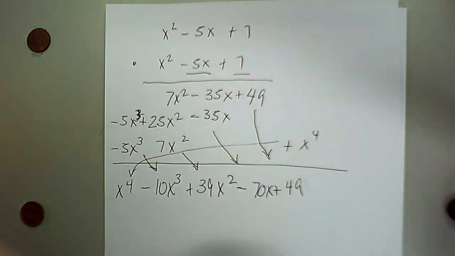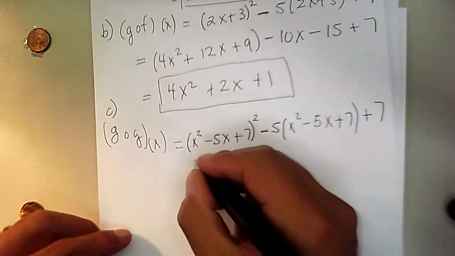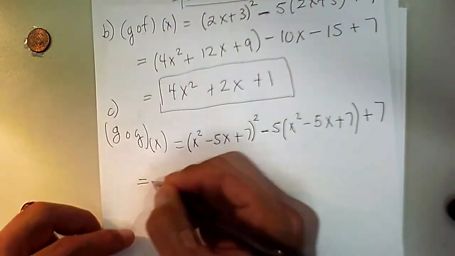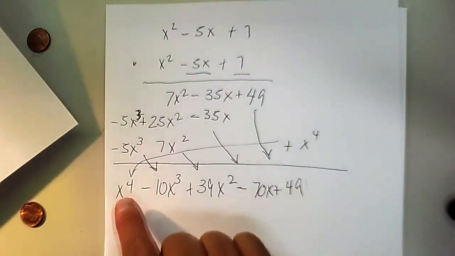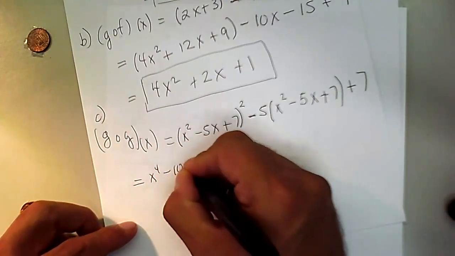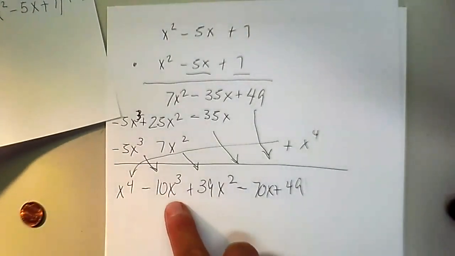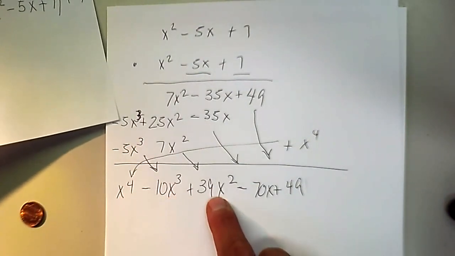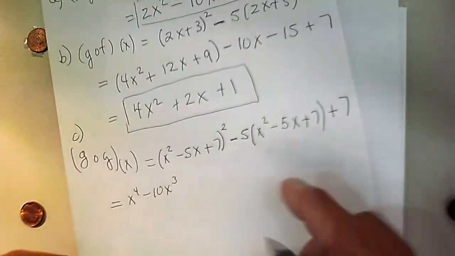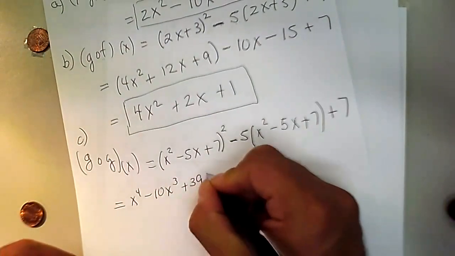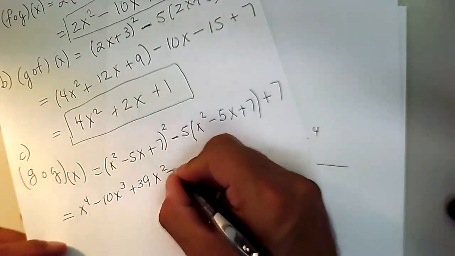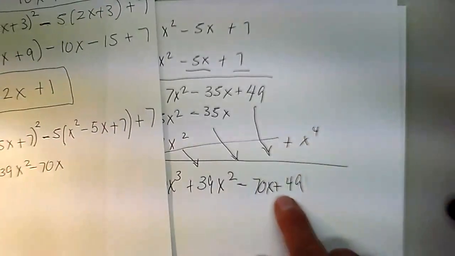And please double check. So this will be x to the 4 minus 10x cubed, plus 39x squared, I was double checking, yep, 39x squared, minus 70x plus 49.